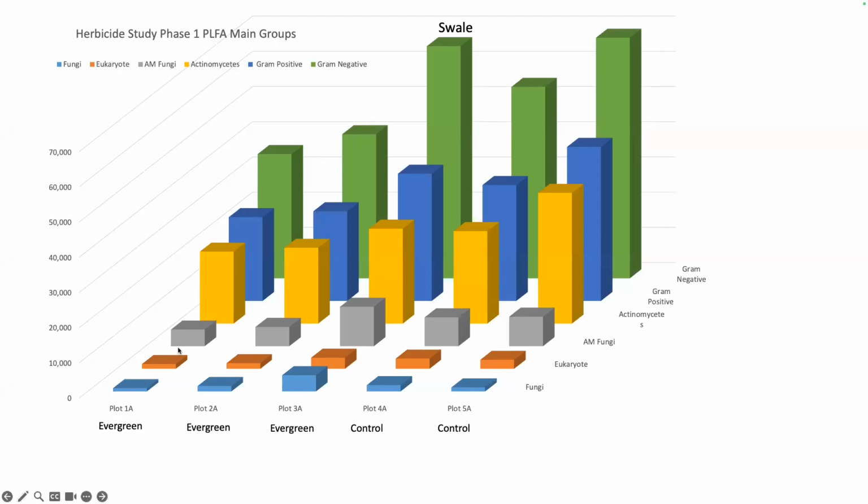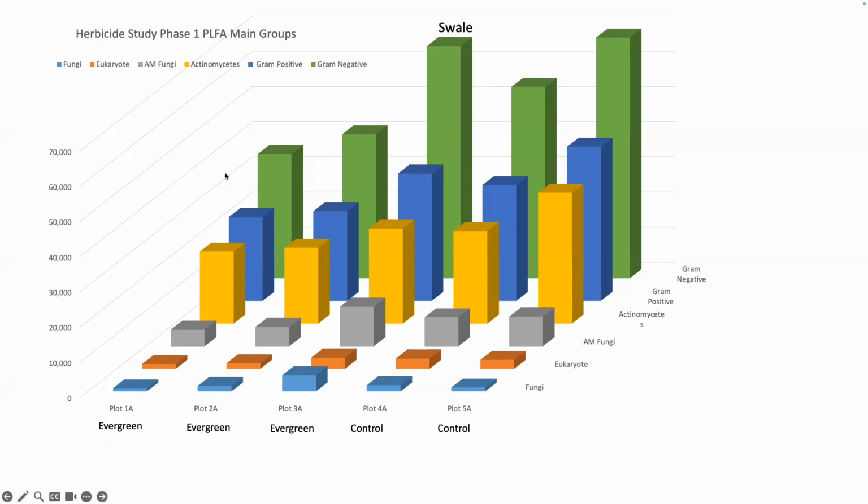So in that study, we looked at these three impacted samples here. Evergreen was the ground cover. And then we did two controls, one of them with mostly herbaceous growth and one of them mostly with trees. This evergreen plot 3 here in the middle, I labeled that swale because it was in a low drainage swale area and we hit a pocket of rich soil.